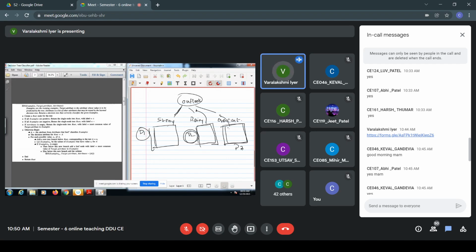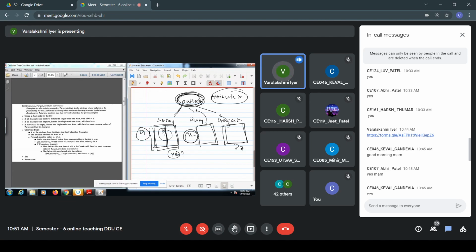Okay. Now what will happen is, you will again observe this data and check if all the data sets belong to the yes class. If it is not, then again you will split the data, but you will not consider this particular attribute to split the data. It won't be considered anymore because you have already split the data set on this attribute.